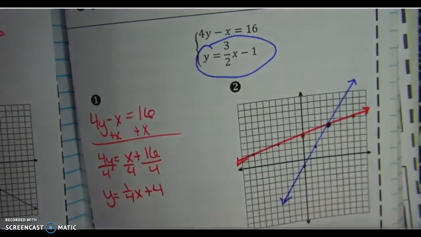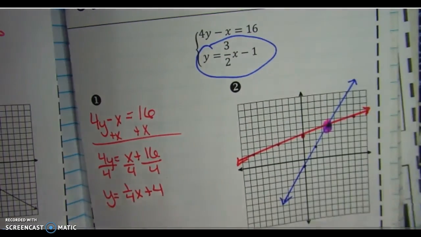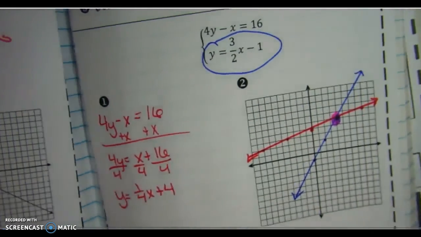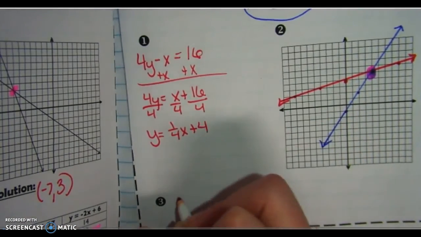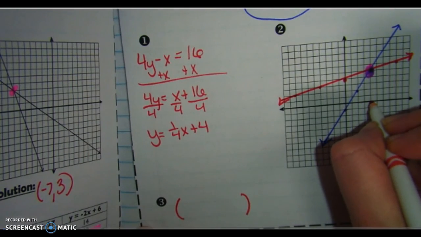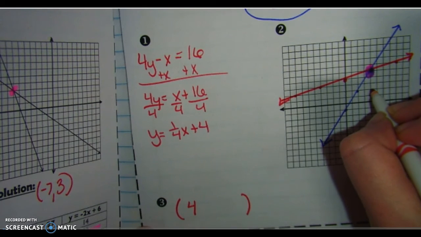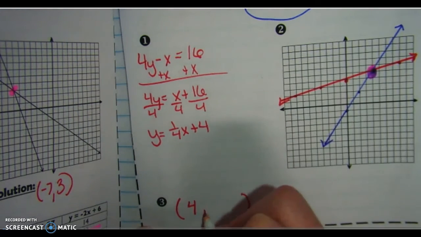Remember, extend our lines. We're going to look for the point of intersection, which is that guy right there. So I know my solution is going to be 1, 2, 3, 4, and then 1, 2, 3, 4, 5.